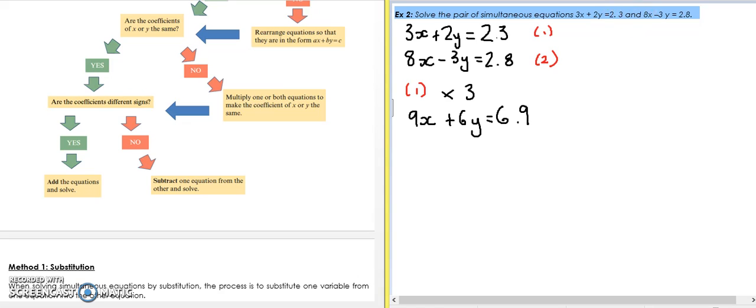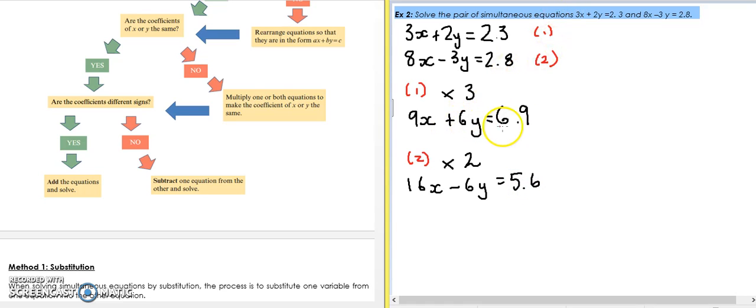We're then going to get the second equation, and like I was saying before, we're going to multiply the second one by 2. So 8x times 2 will give us 16x. Negative 3y times 2 will give us negative 6y. And 2.8 times 2 will give us 5.6.